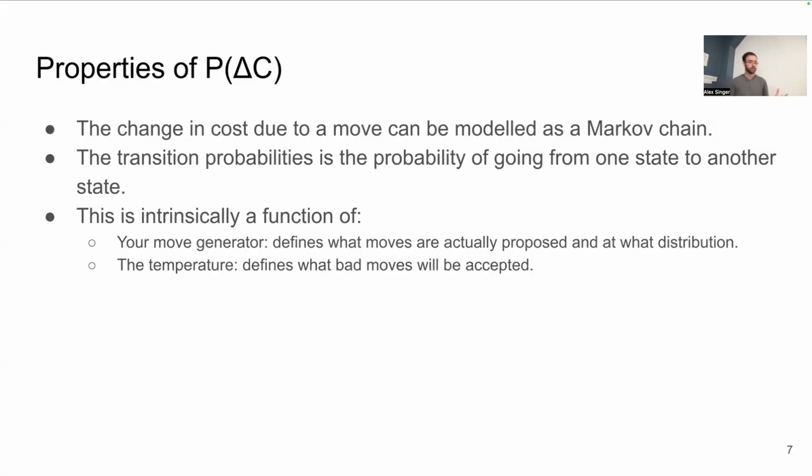What do I mean by that? I mean that if I gave you an initial placement, if I told you that I could never do a swap that goes from the left side of the chip to the right side of the chip, that transition probability is zero. That's a function of your move generator. So the move generator decides what transition probabilities are possible, and the temperature decides what bad moves will actually be accepted. And notice, I didn't even mention this in the slide.